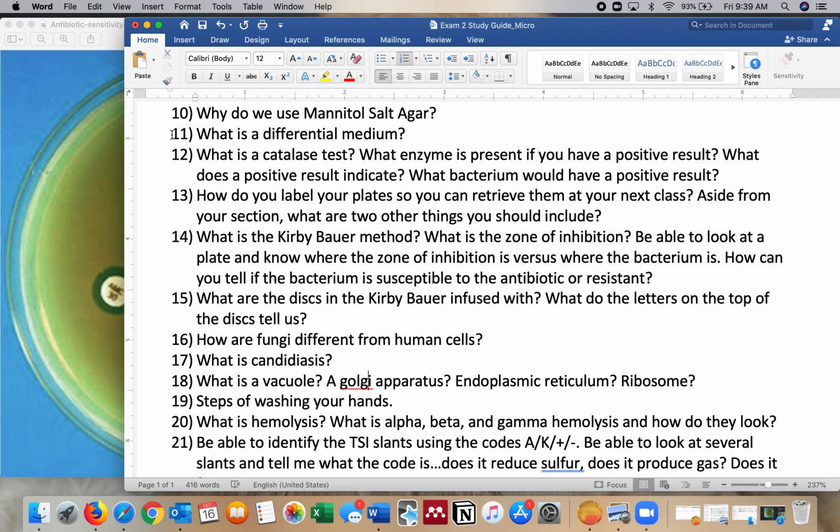The differential media allows the growth of more than one type of organism, but results in observable morphological differences between the colonies.